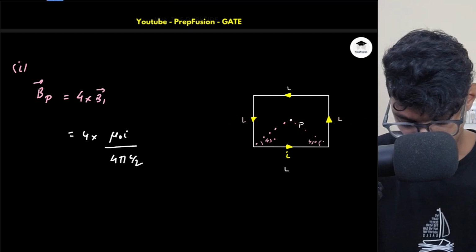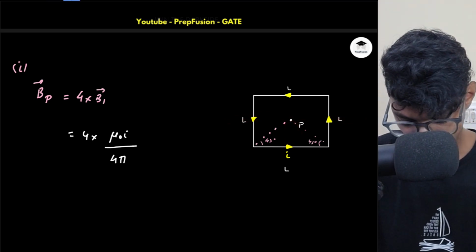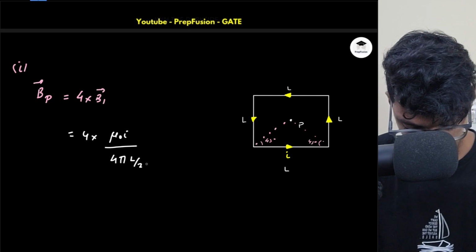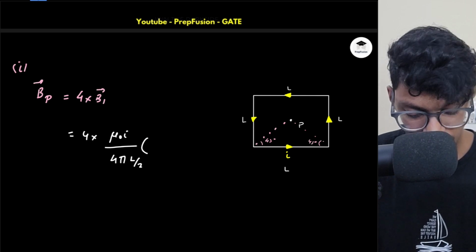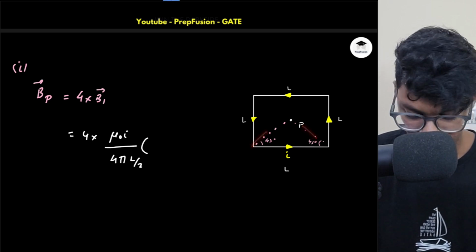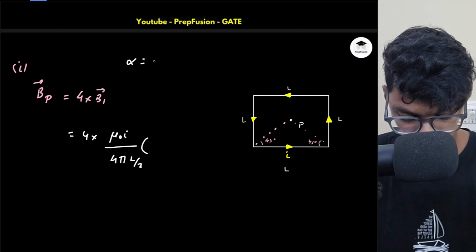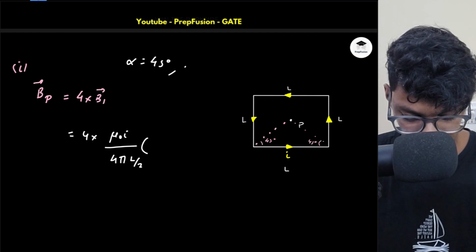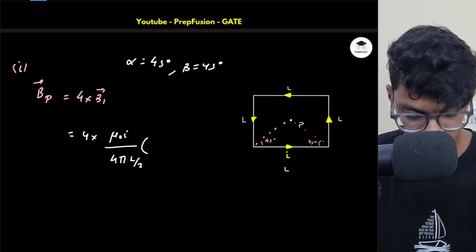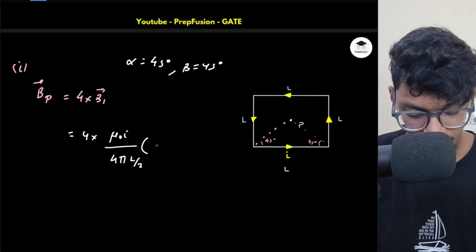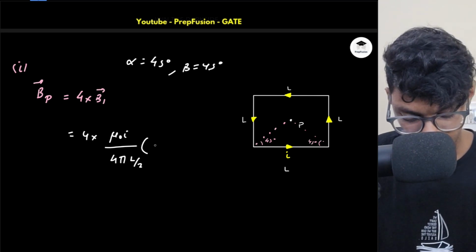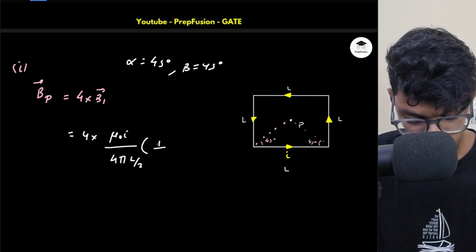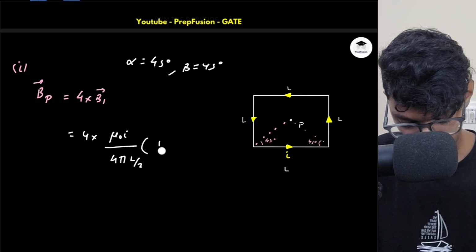So this will be L by 2, times sine alpha plus sine beta. Alpha is 45 and beta is 45. For all the 4 cases, you can see for yourself, it will be 45. So simply it will be 1 by root 2. I'll just write here properly actually.